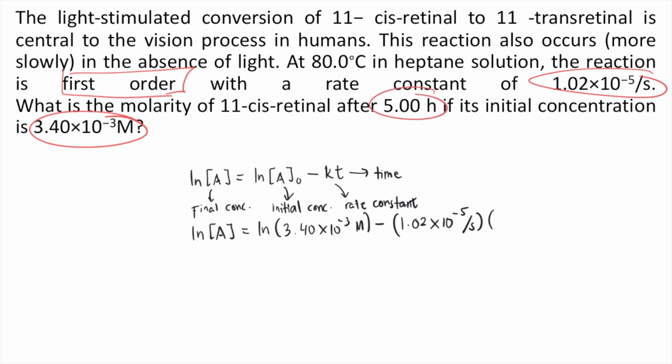But if you can see, the given rate constant is in per second. So what you need to do is convert 5 hours into seconds first. We know that for every 1 hour, there are 60 minutes, and for every 1 minute, there are 60 seconds.